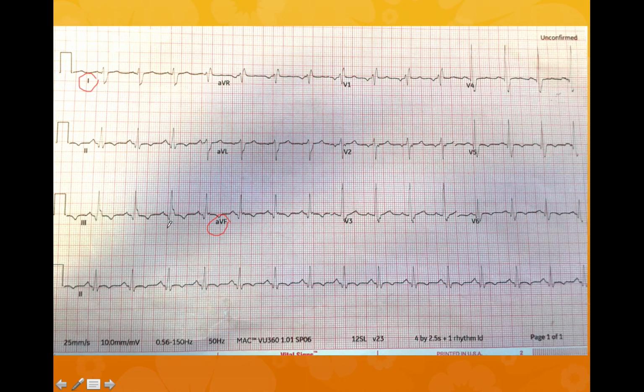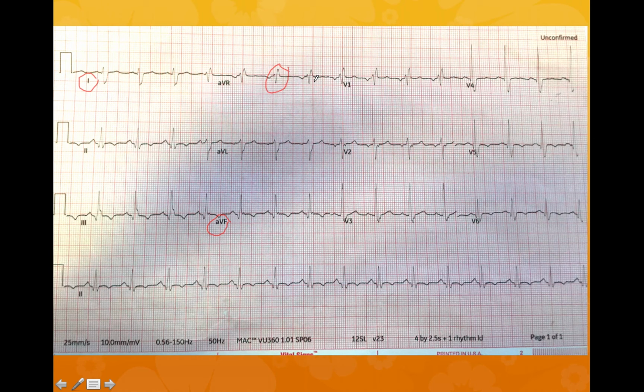These are pretty big voltages over here, so we're not going to do it there. Again, AVL is pretty negative. Actually, AVL is probably going to be our closest to an isodiphasic wave. It's a bit of a strange wave, but it's got a negative portion and a positive portion in roughly equal parts. So we're going to take that as our isodiphasic wave.